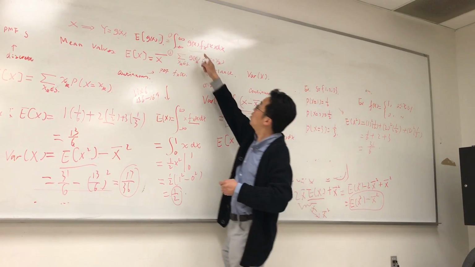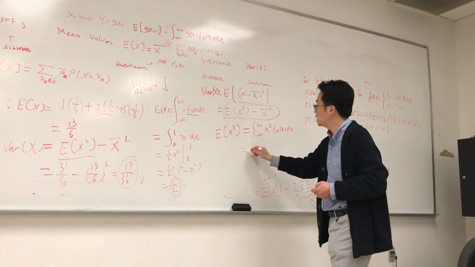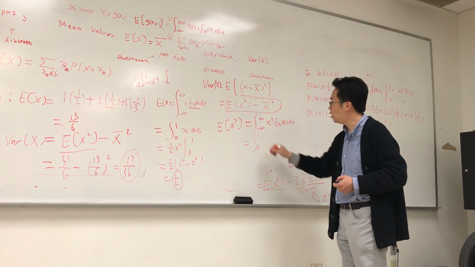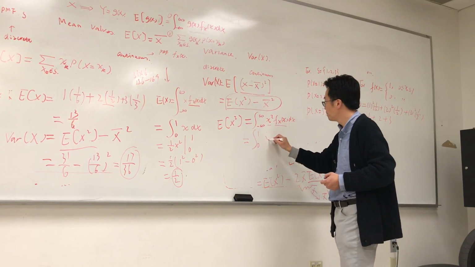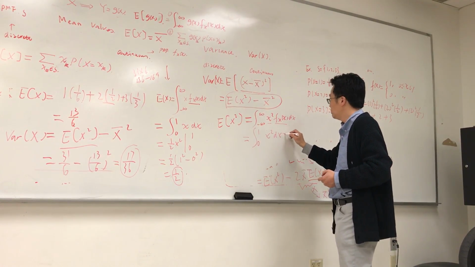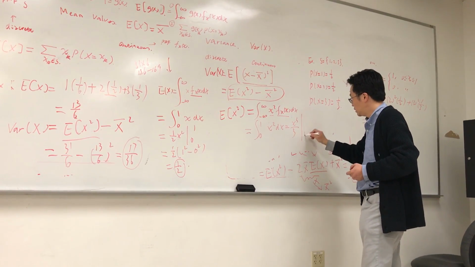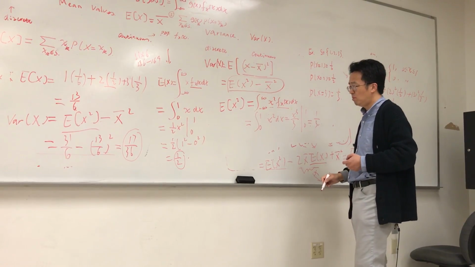Keep in mind, this is the realization g of x. In our case, the limits are from 0 to 1, so x squared integrates to x cubed over 3 from 0 to 1, which equals 1/3.